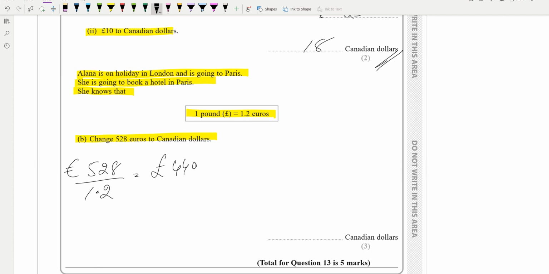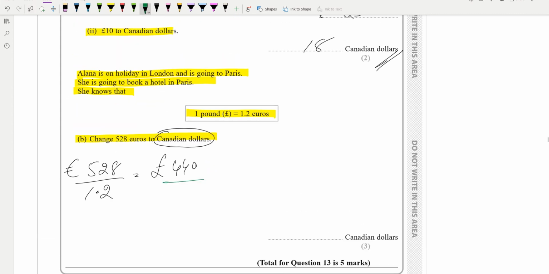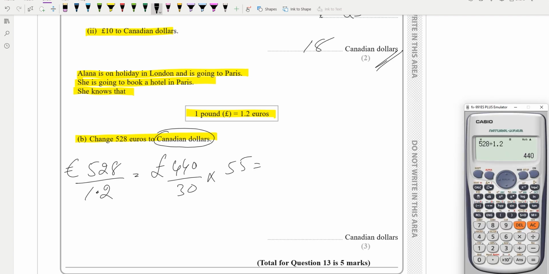Now our target is to get Canadian dollars, and we already have the pound and Canadian dollar conversion, and we can check from here. This is the reference, basically we check this reference for 30 pounds. So for 30 pounds we can get 55 Canadian dollars. So this will be divided by 30, and we will multiply it by 55, and this will be Canadian dollars.